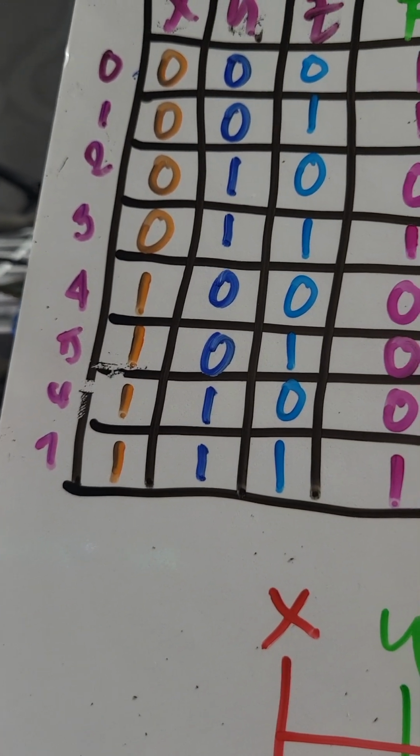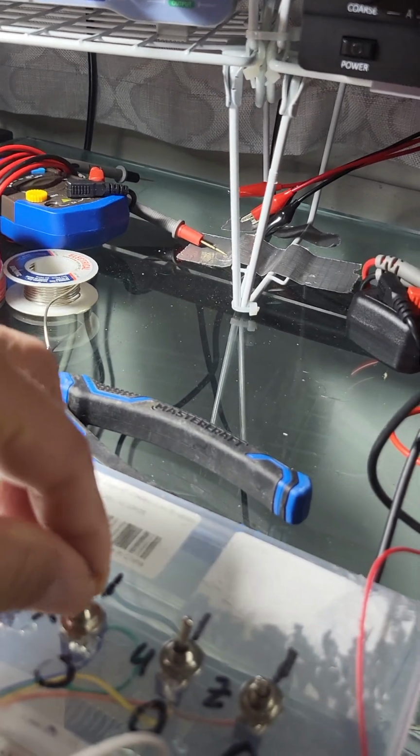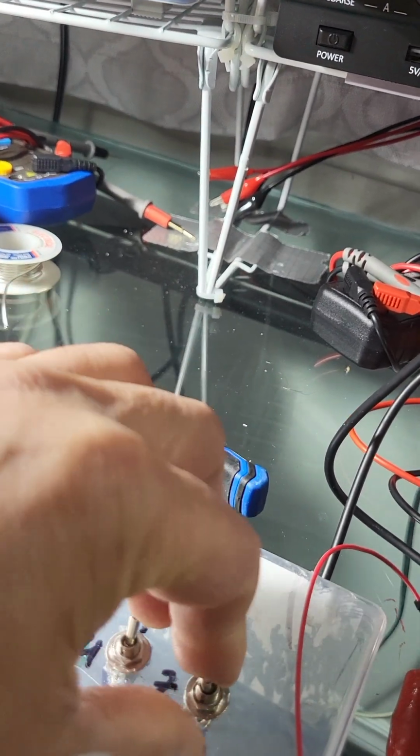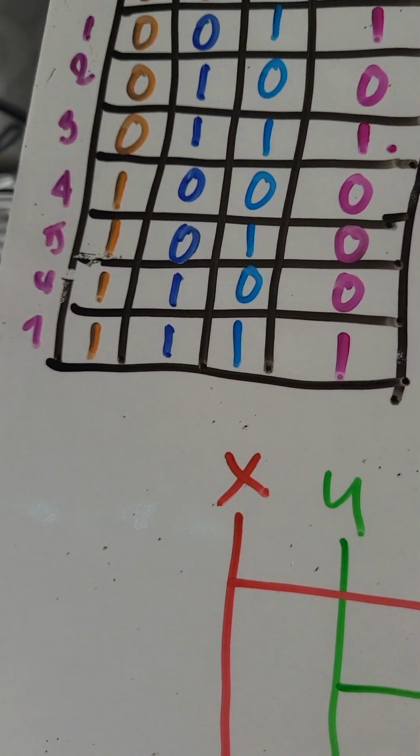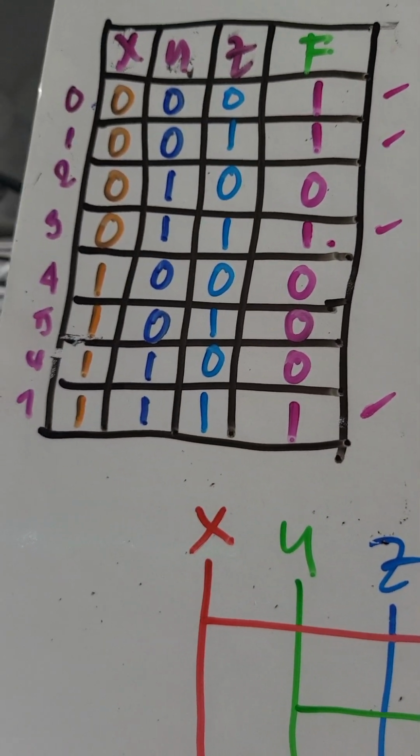That's number 6, 1, 1, 0. Finally, 1, 1, 1, output 1, all ones.